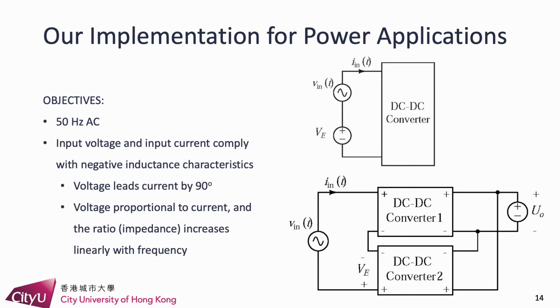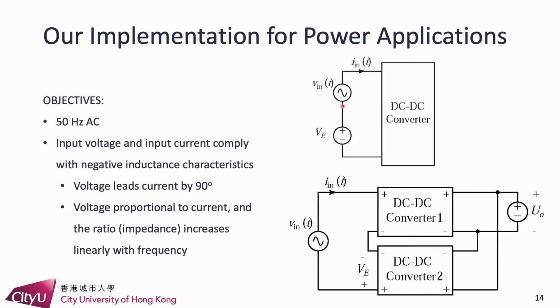Now let me explain briefly how we design the negative inductance synthesizer. First of all, our application scenario is AC, and let's say it is a 50 Hz system. We're going to use a DC-DC converter to perform the power processing with the objective of forcing the current and the voltage to comply with a specific relationship, which is the negative inductance constitutive relation.